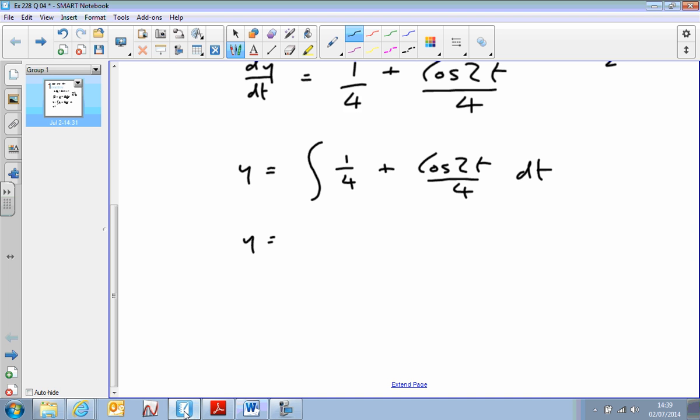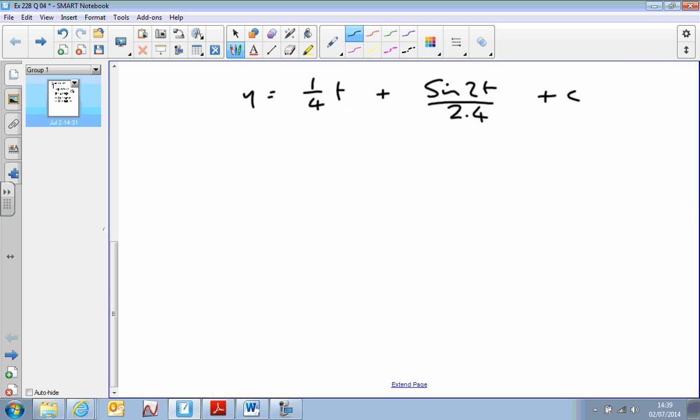So in this case the variable is t, so that's a quarter t, plus the 2 comes out and goes underneath with the 4, so the cosine becomes sine over 2 times 4 plus c. So simplifying, I've got y equals a quarter t plus sine 2t over 8 plus c.